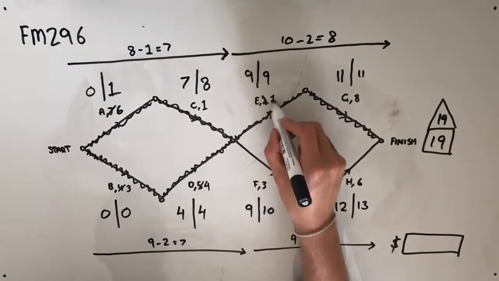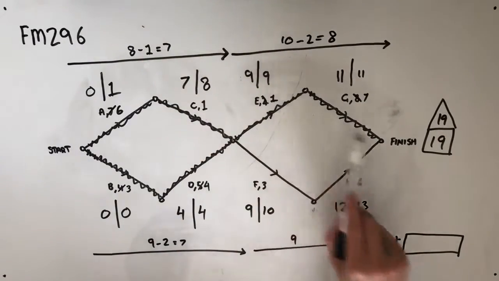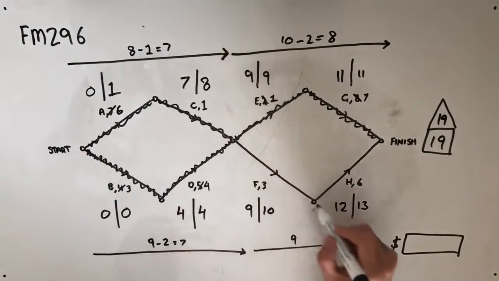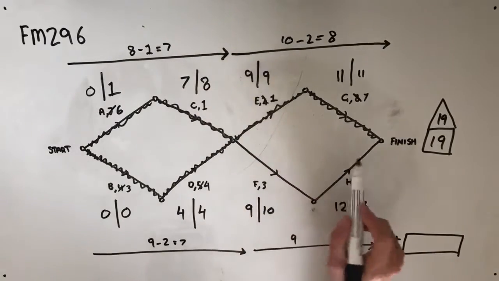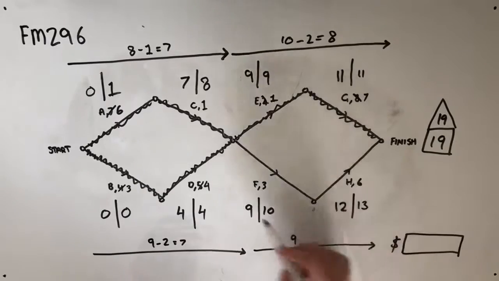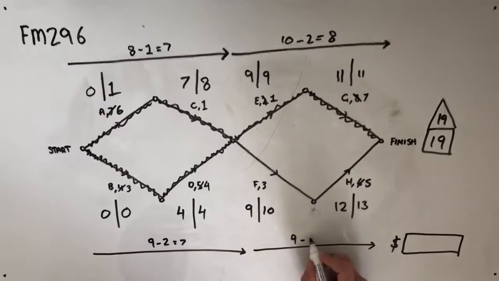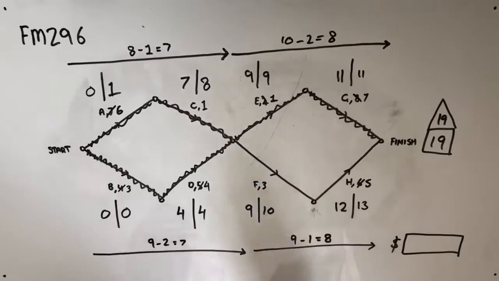So reducing E down to 1 day and G down to 7 days. That's only going to take 8 days now, which means in order to get our 9-day process here to match that, so that it doesn't swap the critical path and instead they share it, we just have to reduce one of our activities by 1 day as well. So doing a reduction of 1, we also get 8 days.